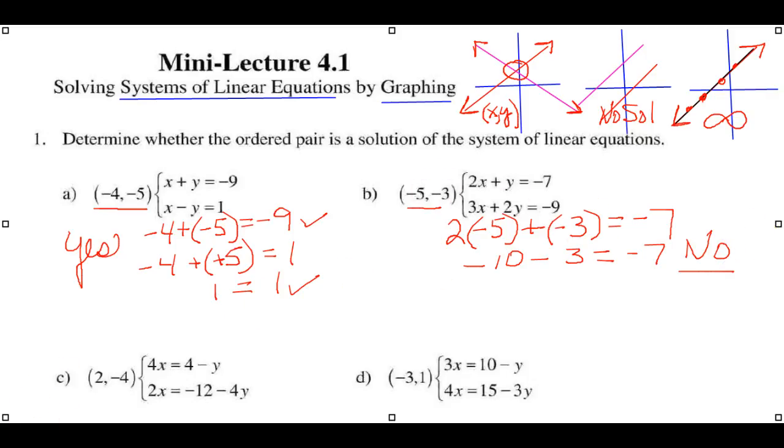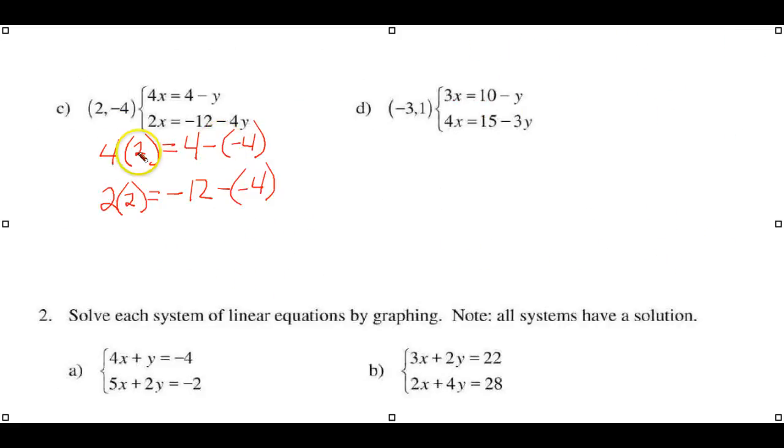So no, this is not a solution. All right, let's go on to the other two. So substituting, this is going to be an 8. 2 times 4. Now, we change signs here. So 4 plus 4 is 8. So this works for the top one. Now for the bottom one, we have a 4 equals a negative 12.